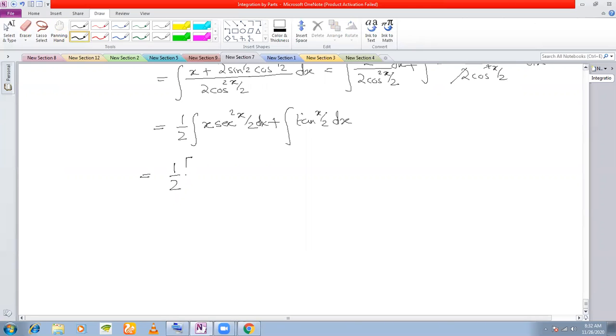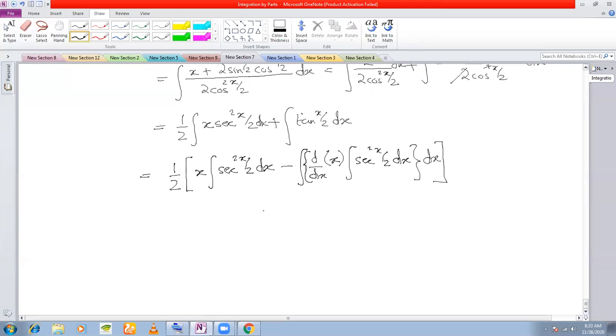You take x as the first function, x integral sec square x by 2 dx minus integral of the derivative of the first, that is d/dx of x, into the integral of the second, sec square x by 2 dx, and whole thing dx, right?